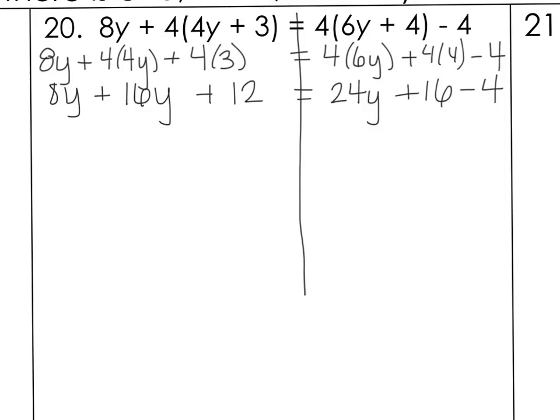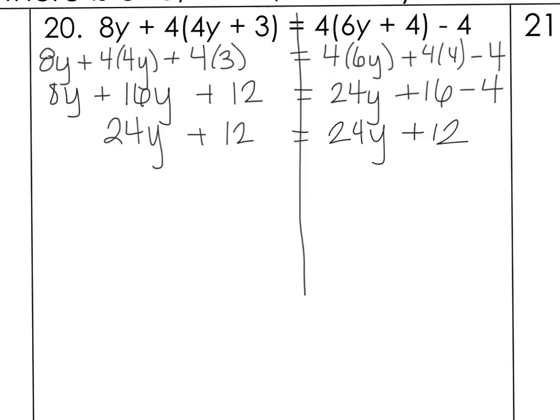It's nice because your like terms are already together. 8y plus 16y is 24y plus 12 equals your like terms, your plus 6 minus 4 are already together. Plus 16 minus 4 is 12. Whew!